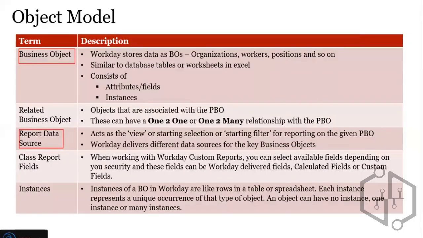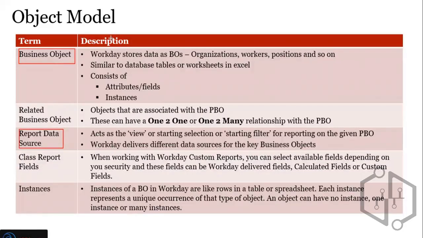Now your organization has 10,000 workers, which means there are 10,000 instances of the worker business object. You're building a report to see all workers in your US company, right? Or maybe you're building a report to see all active workers or probably all terminated workers.